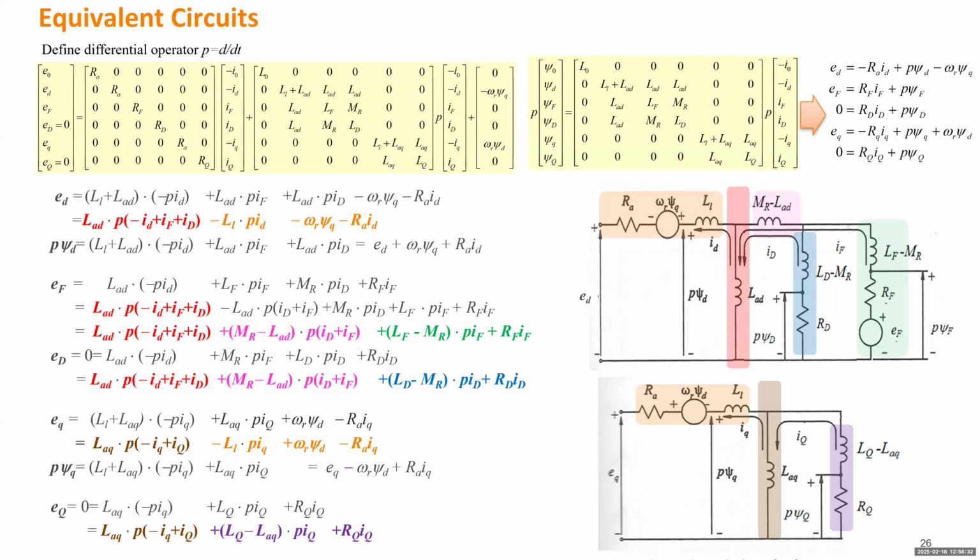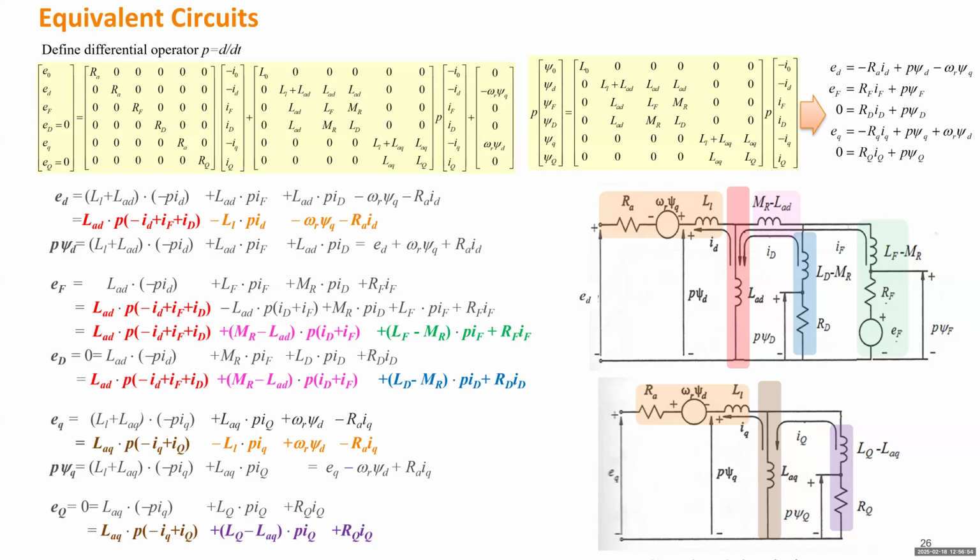Okay, last Thursday, we spent some time deriving two equivalent circuits, starting from the voltage equations and flux equations. We made use of some features from the LAD, LAQ per unit system.